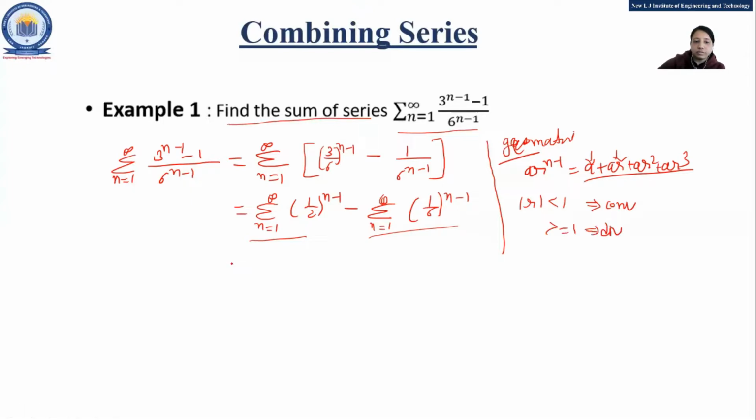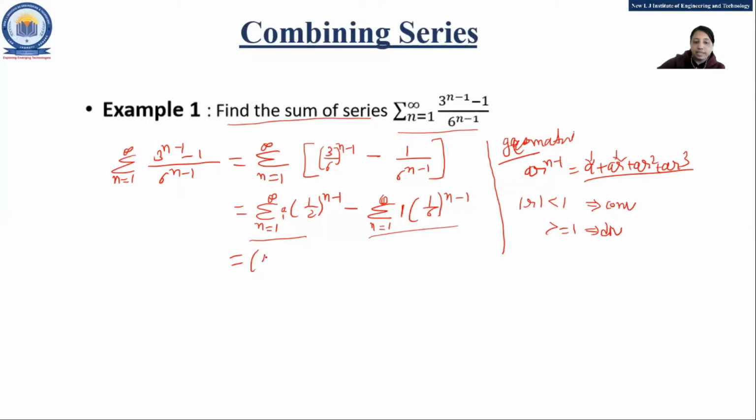Fine. So first, just for your understanding, we will write it this way. Here A R raised to n minus 1, where A we will consider as 1. Here also A is 1.